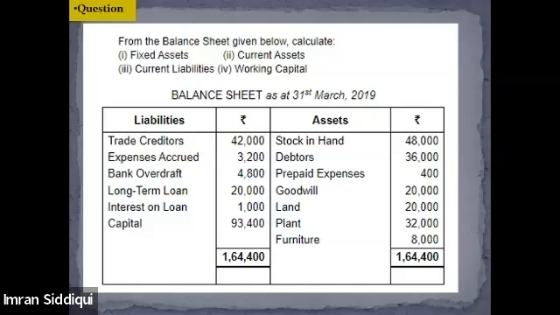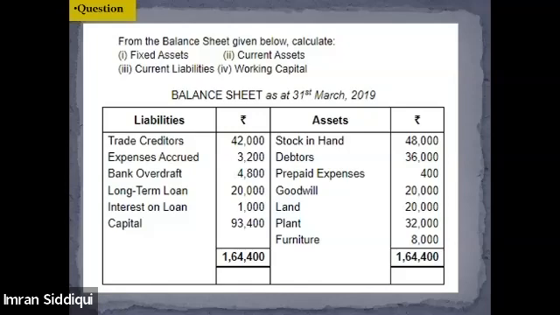All right. So you have to basically identify what are the items that fall under the fixed asset category, what are the items that will be covered under the current asset, and similarly, you need to identify the current liabilities. Only one thing that I'll help you find out is working capital.